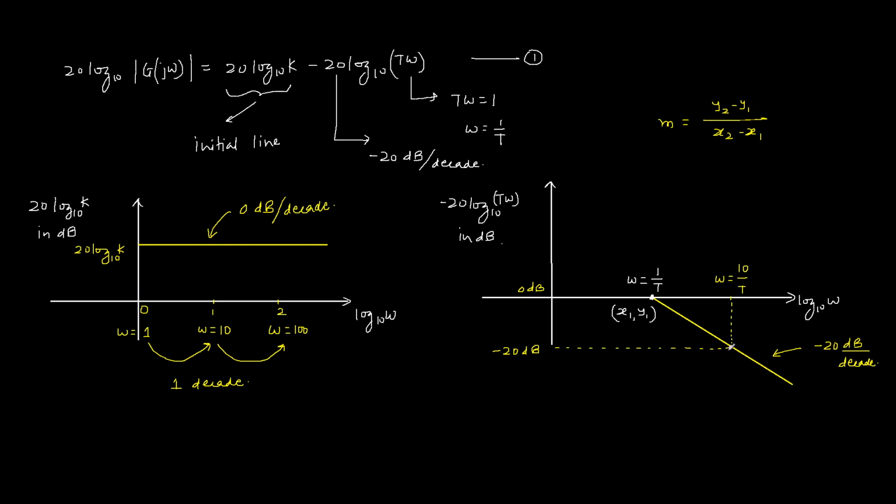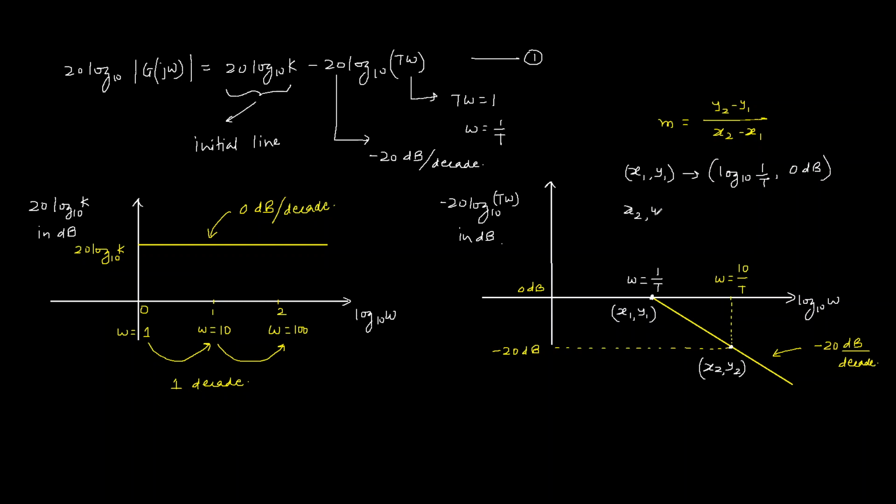This one is the second point, x2 y2. So x1 y1, x1 is in log scale, so the value is log 1 by t base 10, and the magnitude is 0 dB.